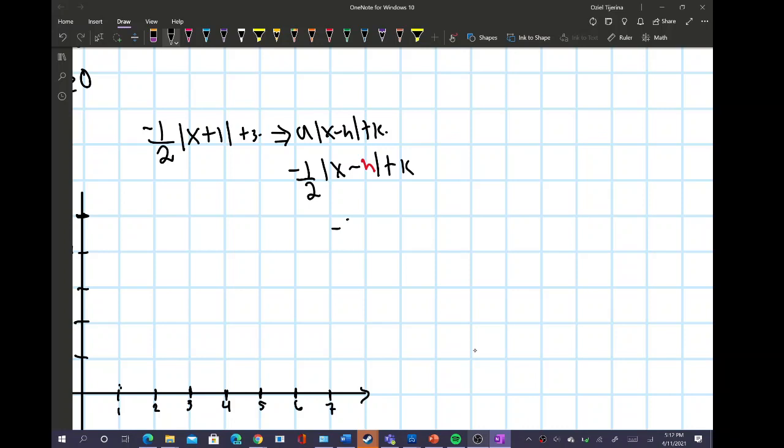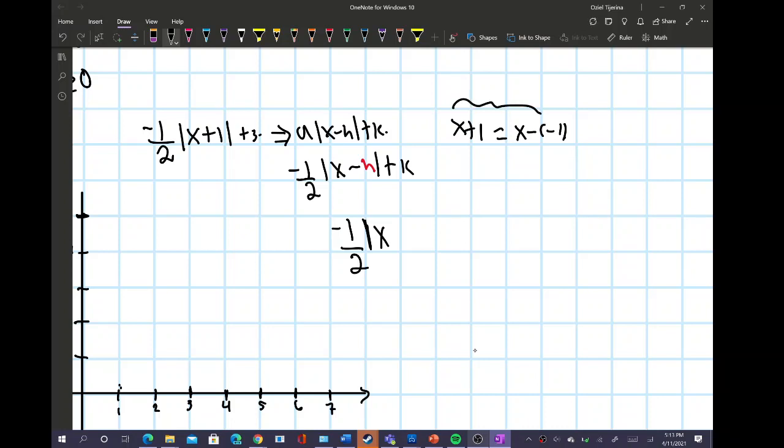And then you can say -1/2 times the absolute value of the quantity x minus, and then we know that since we have an x plus 1, this is really equal to x minus -1.